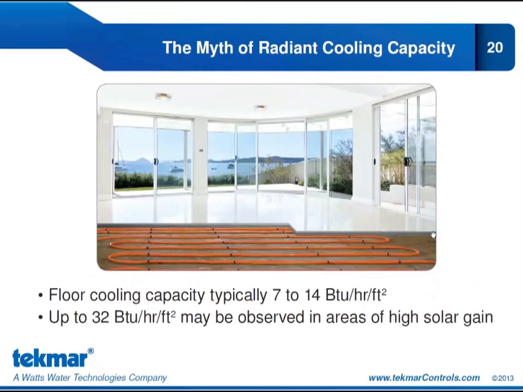Now, where we see the greatest impact are in areas that have a lot of glazing. So if I look at this image on this slide, I can see this is a space with a lot of window area, and it's going to experience a lot of solar gain. And that's where radiant cooling offers the greatest capacity. Up to 32 BTU per square foot can be observed in areas of high solar gain.